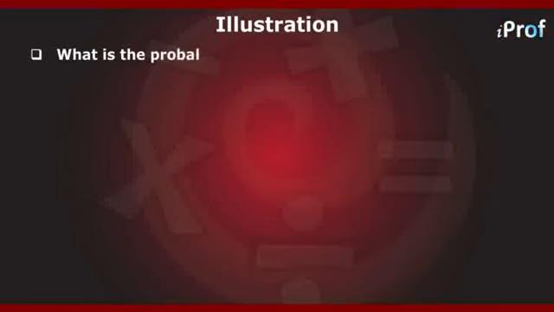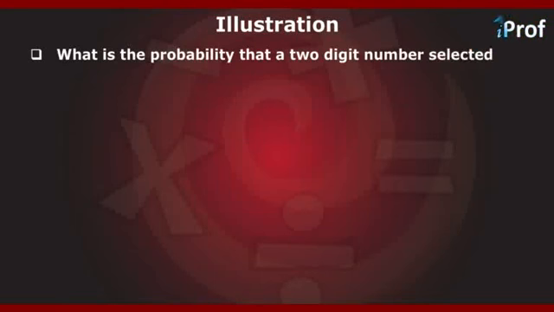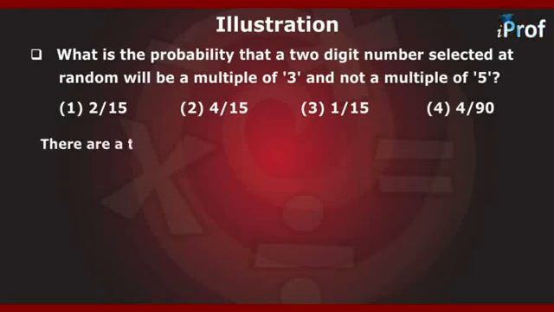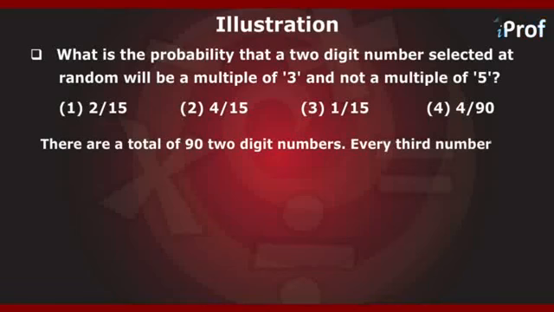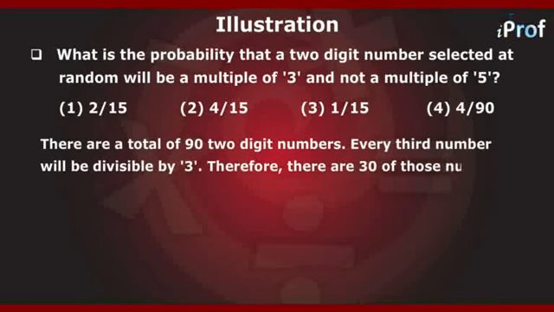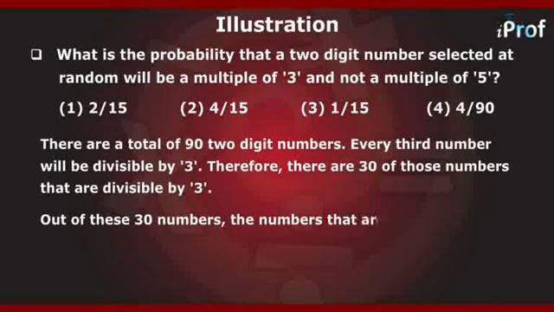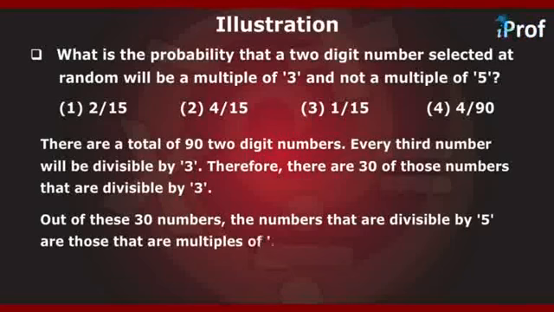What is the probability that a 2-digit number selected at random will be a multiple of 3 and not a multiple of 5? There are a total of 90 2-digit numbers. Every third number will be divisible by 3. Therefore, there are 30 of those numbers that are divisible by 3. Out of these 30 numbers, the numbers that are divisible by 5 are those that are multiples of 15.